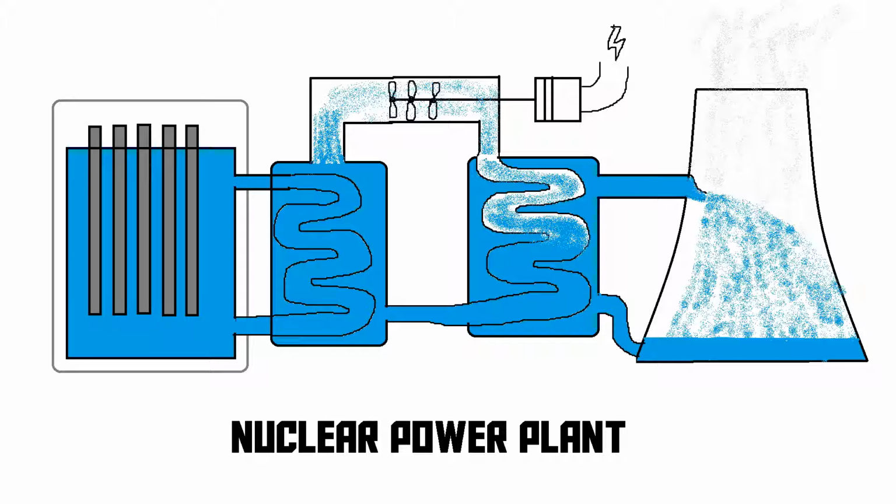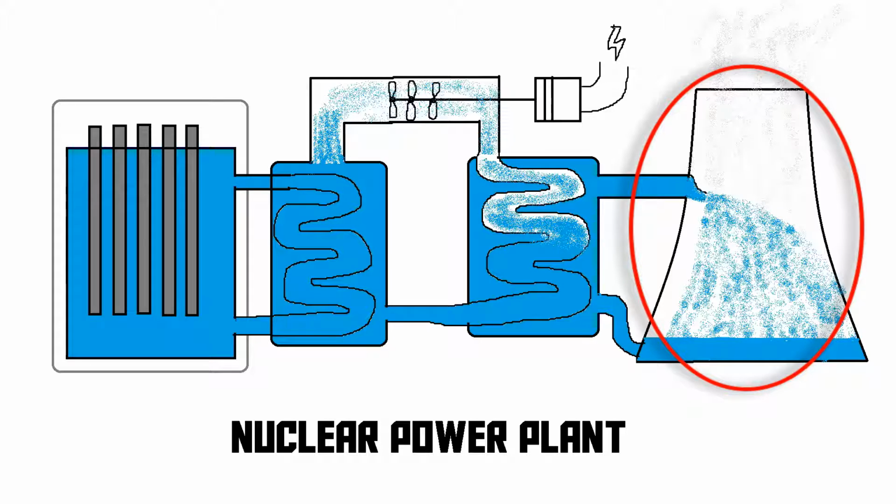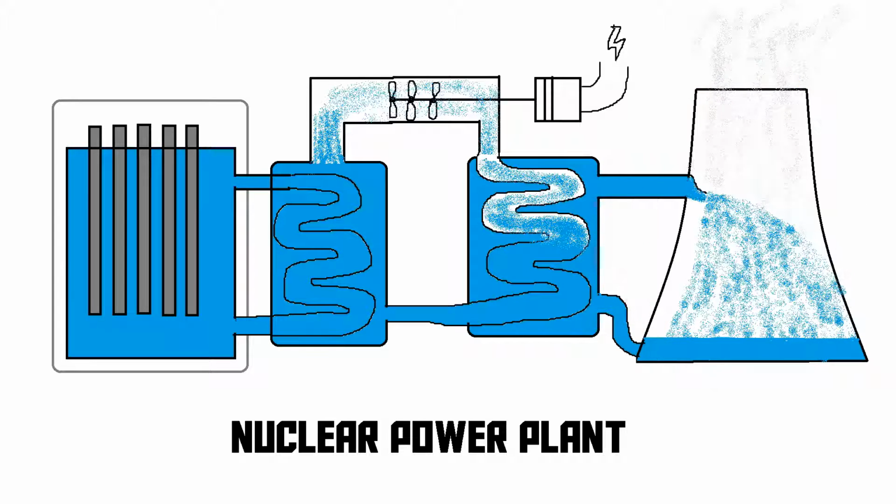That water then goes into a cooling tower to cool it down, and a cooling tower is quite a clever invention. You see, if you have a bucket full of hot water, it takes quite a long time to cool down, but if you spray hot water through the air, then it cools down pretty quickly. So inside the cooling tower, the hot water is sprayed into the air by a nozzle, and then it drops down all the way to the bottom of the tower.